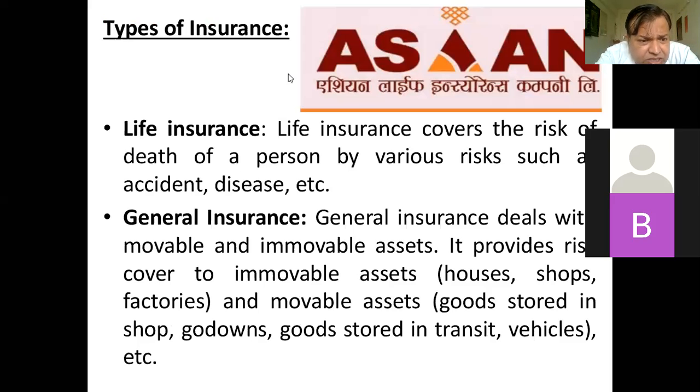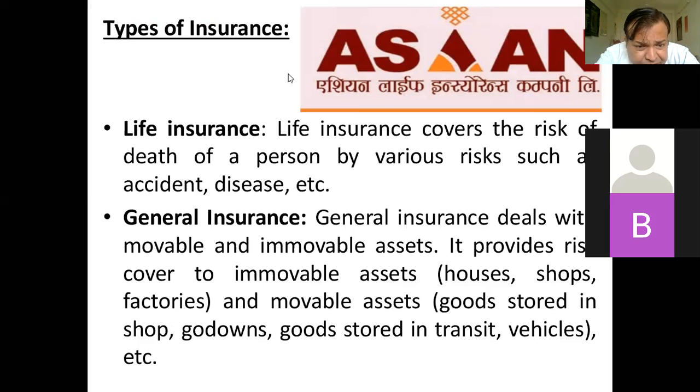Types of insurance: life insurance. I earlier told you, life insurance covers the risk of death of a person by various risks such as accident, disease, condition, against some amount. Similarly, general insurance deals with movable and immovable assets.